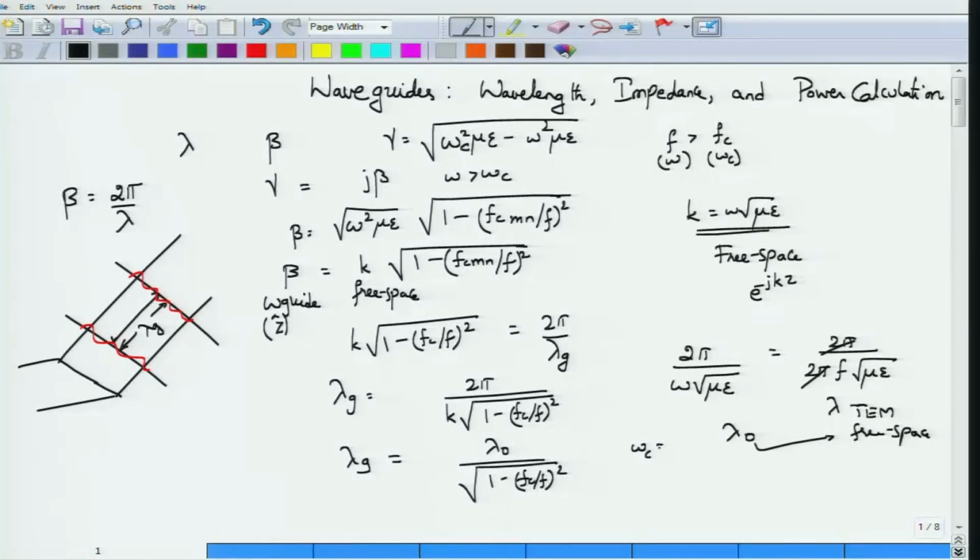Also, omega c will be 2 pi f c, omega will be 2 pi f, and the ratio of f c by f can also be related to the ratio of lambda, because lambda c would be 1 by f c and lambda itself would be 1 by f. So, you can rewrite this expression in the denominator as well, but you do not have to really do that.